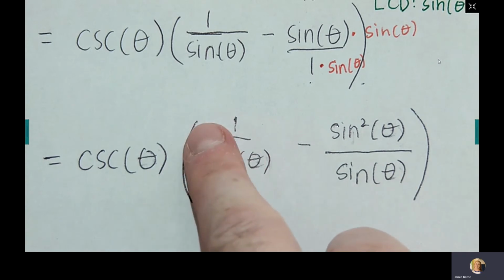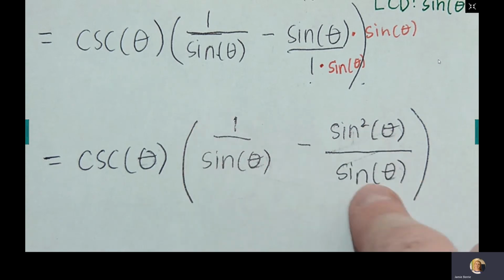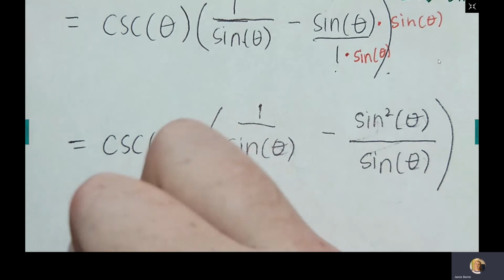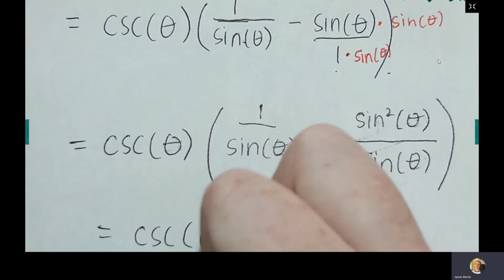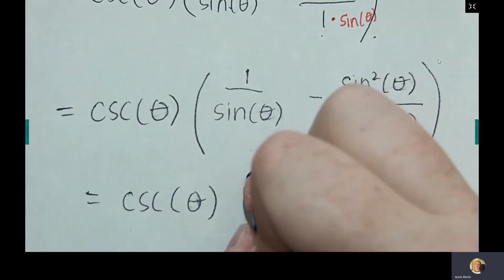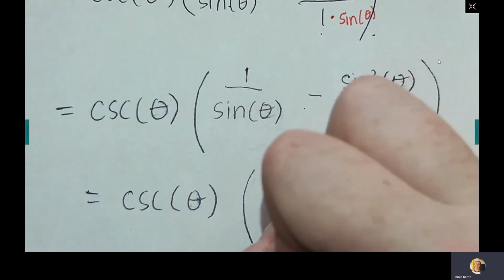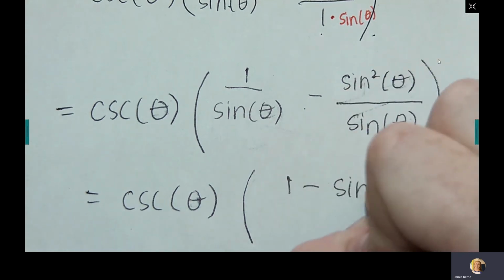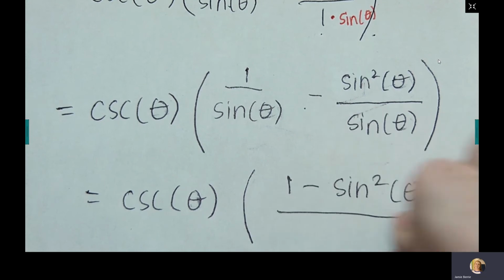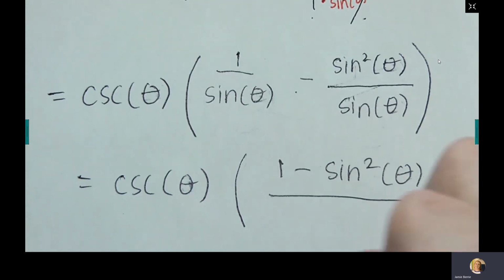Denominators are the same now, so we're just going to subtract the top. Denominator stays the same. So just drop down that cosecant out front again. Big parentheses. 1 minus sine squared theta in the top. Denominator stays the same, so that's sine theta.